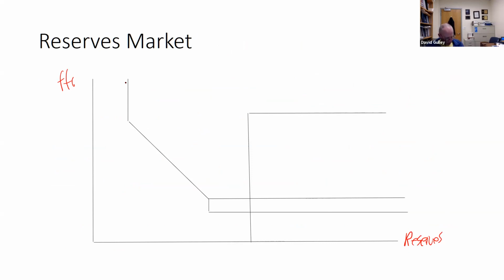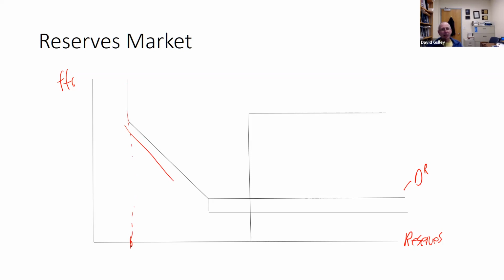This really odd-looking curve right here, that kind of looks like a demand curve, is in fact the demand for reserves curve. And this vertical portion right here gives the minimum required reserves in the entire banking system.